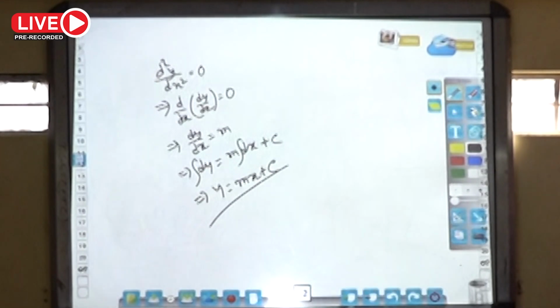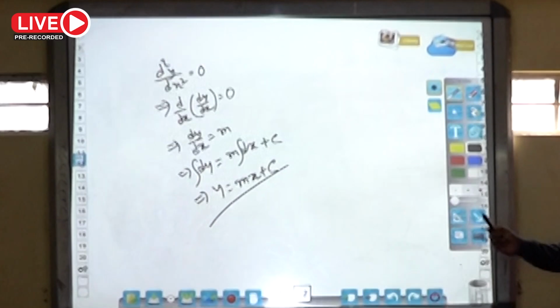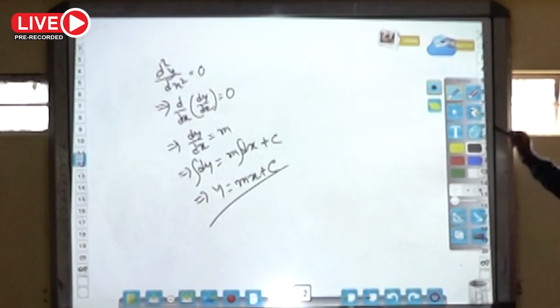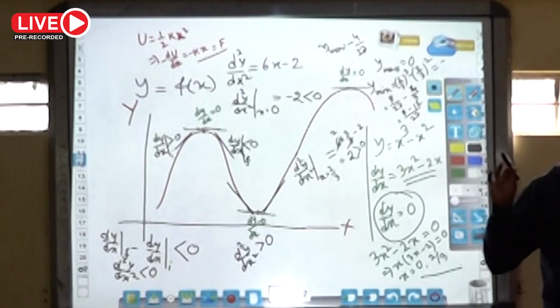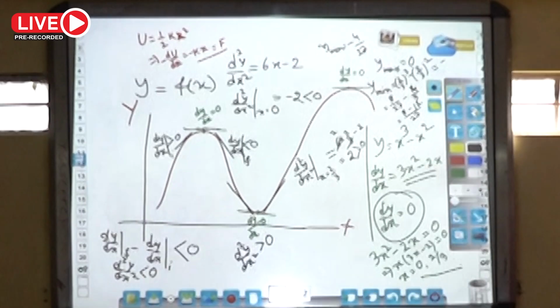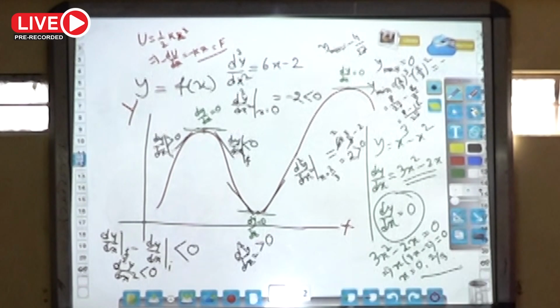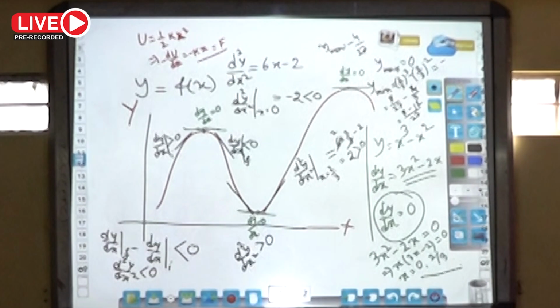Okay, now I will give you another function to calculate the maxima and minima. Previously we calculated maxima and minima, all the steps are clear. First, when you get the function, calculate the first derivative. After calculating the first derivative, set dy dx equal to 0 and solve to find the values of x.